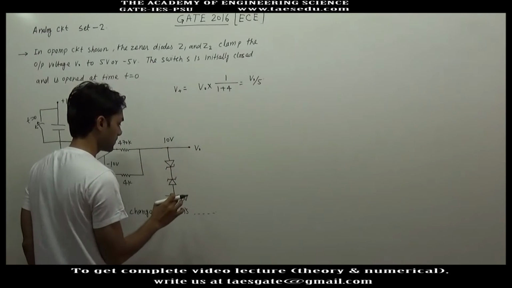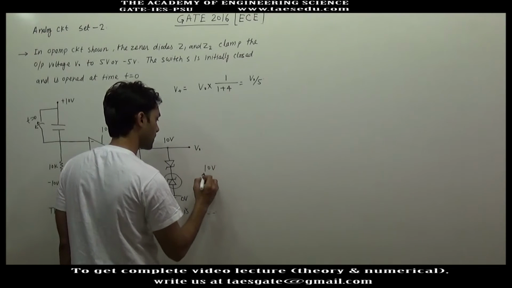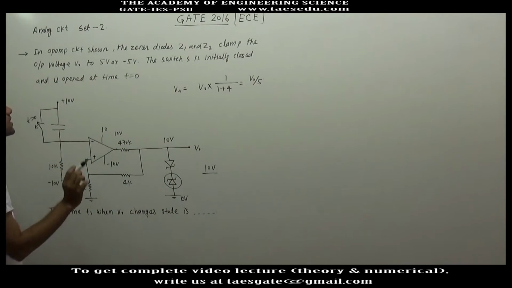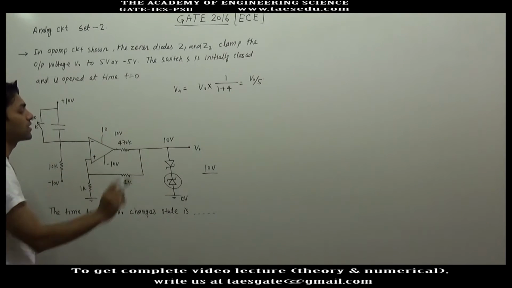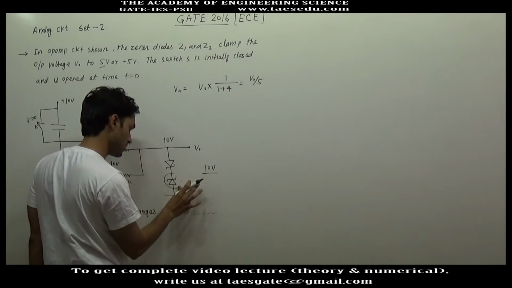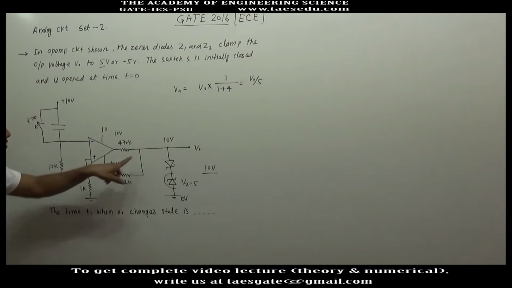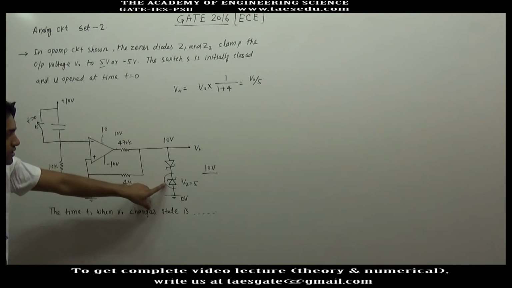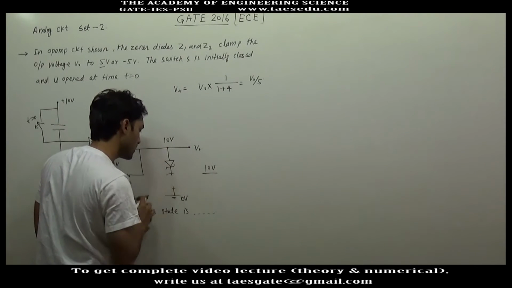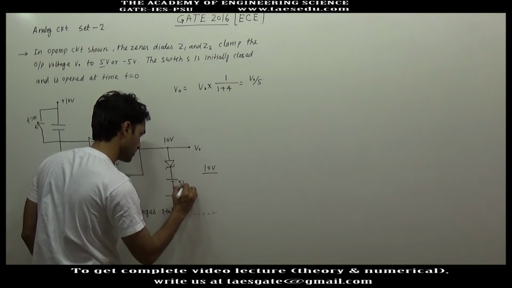So if this is 10 volt, the voltage across this Zener diode is 10 volt, and it is given in the question that the Zener diode clamps the voltage at 5 volt. It means the breakdown voltage of the Zener diode Vz is equal to 5 volt, and the output voltage is greater than that. So this Zener diode will be broken down, and it will behave as a constant voltage source of 5 volt.